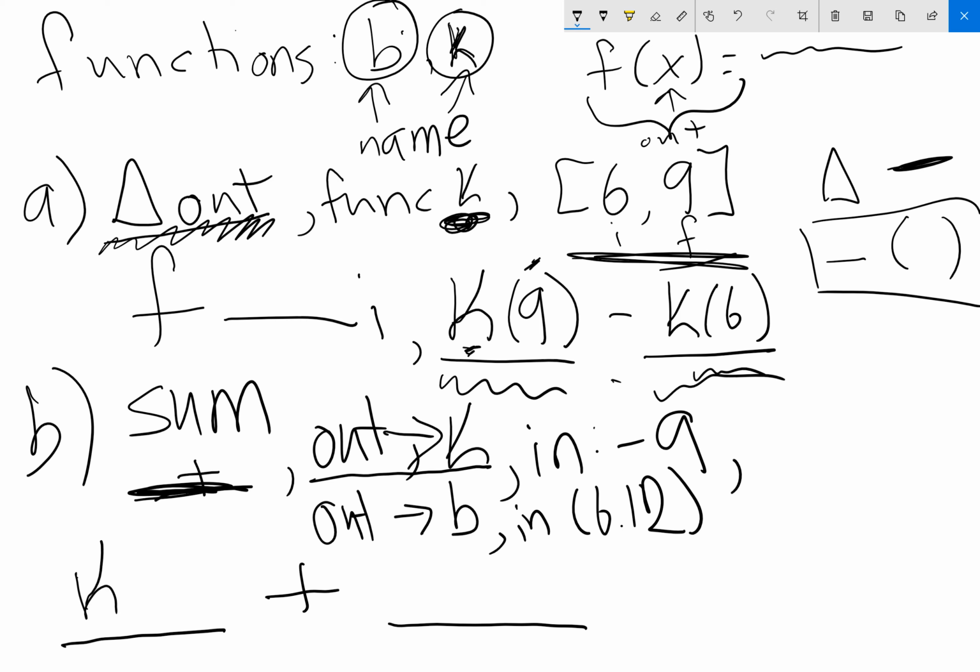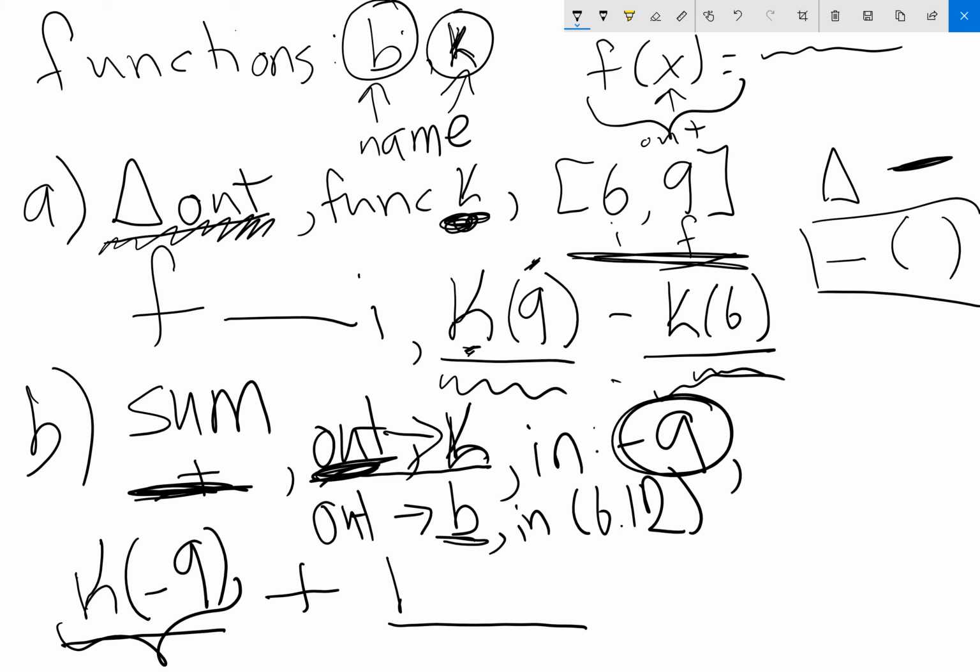We have our function, right, at an input of -9. So our function is k, our input is -9. Once we plug it in, we get our output, right? And that's what we want to add, the output.